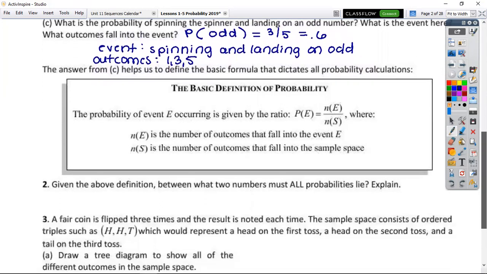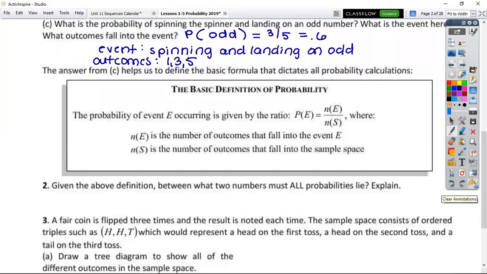So based on the above definition, what two numbers is probability always in between? You've done some probability in the past. If an event is impossible and it won't occur, what's the probability? Zero. And what's the probability it is certain to occur? 100%.